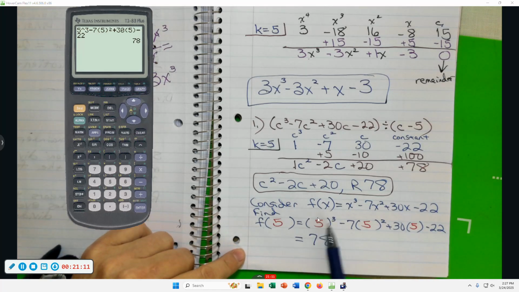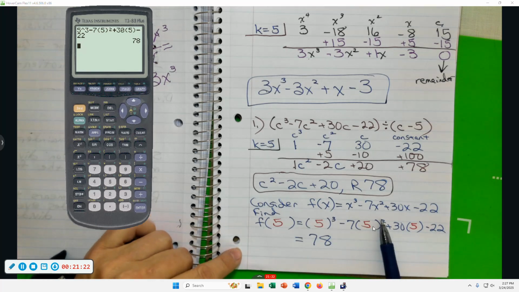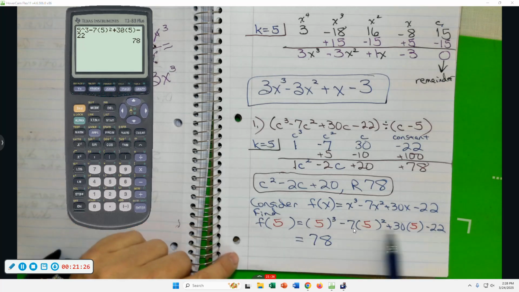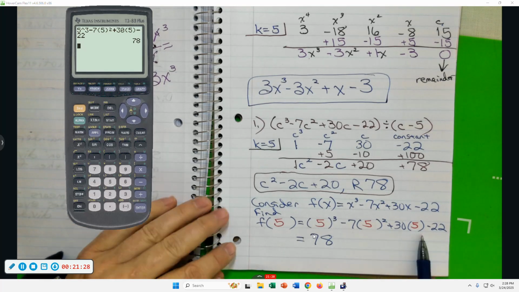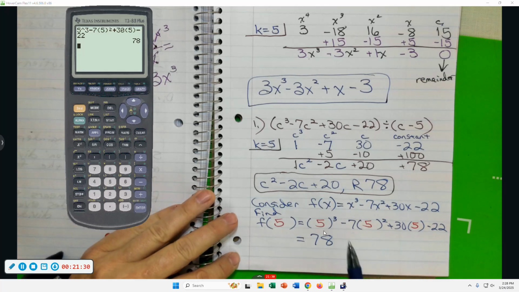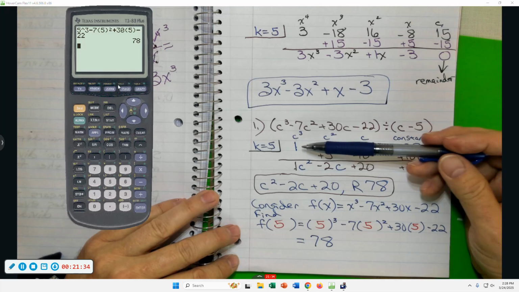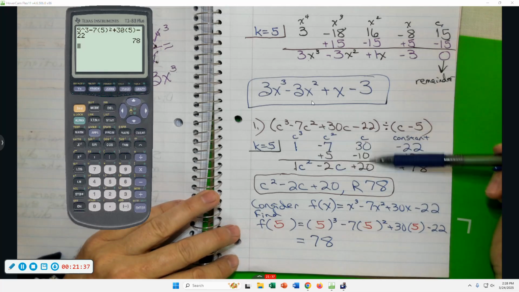Suppose we were trying to plug in 15 instead of 5. If we were trying to plug in 15 cubed, you'd have to do that by hand. 15 squared, do that by hand, then multiply through by the 7. Just think about how messy it would have been to evaluate these things if you didn't have a calculator. But look at synthetic division. Is there any exponentiation going on here?